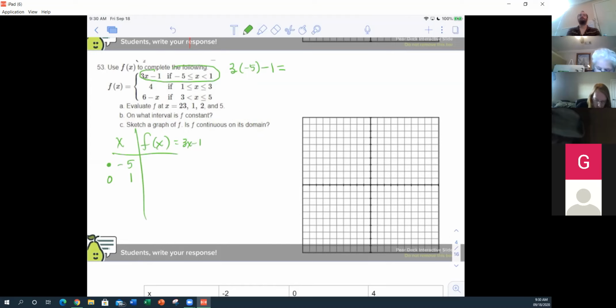There we go. Thank you. And then what about if X is equal to 1? That would be +2. Yes. So we've taken care of the first interval. Now let's go to the second interval.